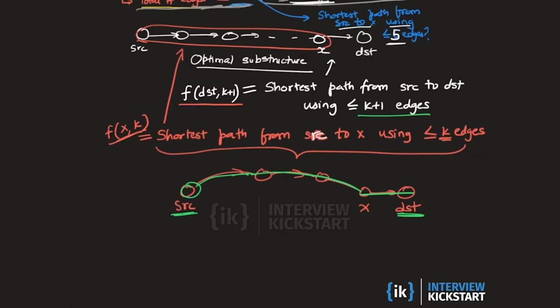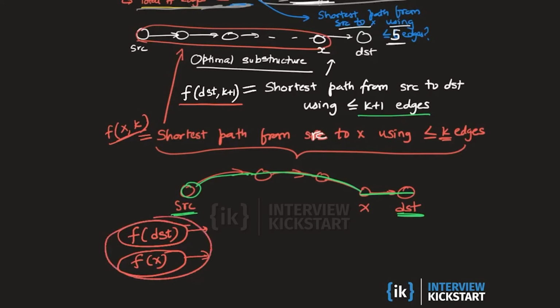If we didn't have that as a second parameter, if I just had f of destination and f of x, I know that if this f of destination is the length of the shortest path from the global source to that destination, which uses less than or equal to k plus 1 edges, then this must be the length of the shortest path from the source to x, which uses less than or equal to k plus 1 edges. And we know there is no optimal substructure if we define our functions in this way.